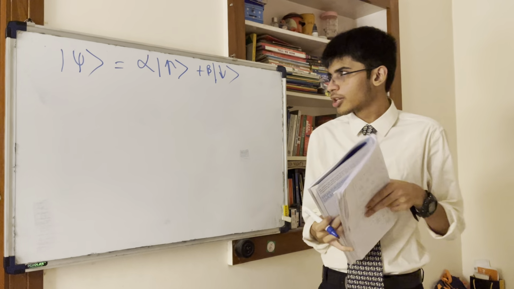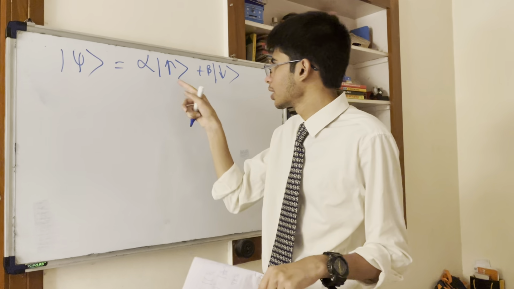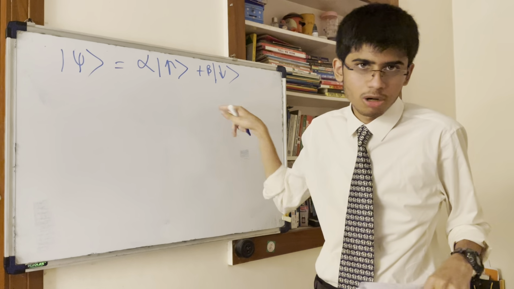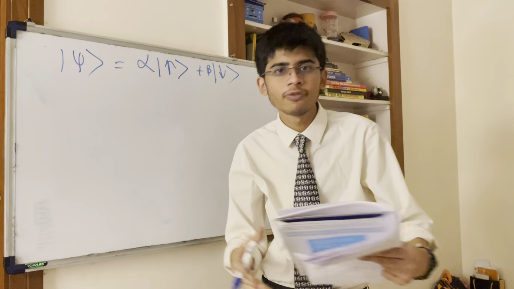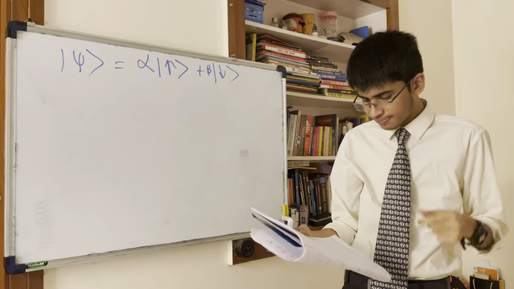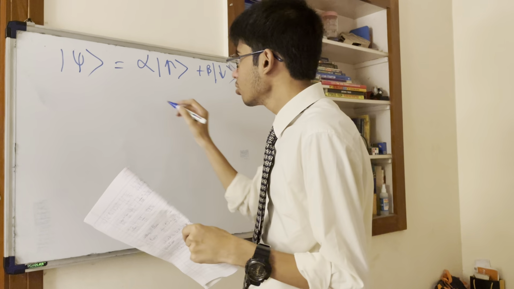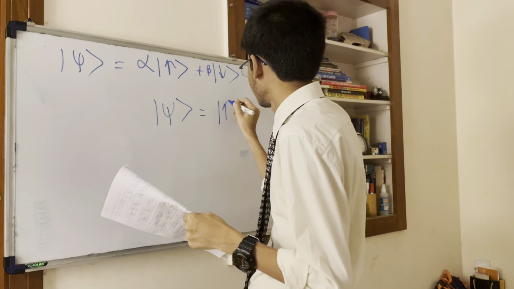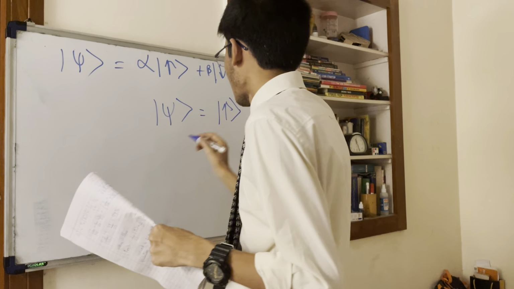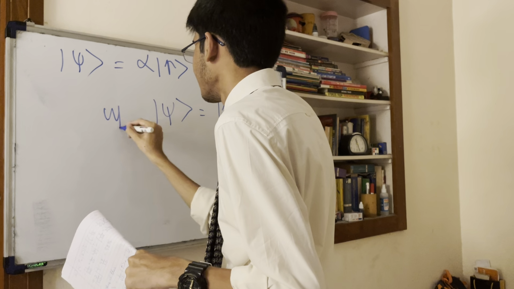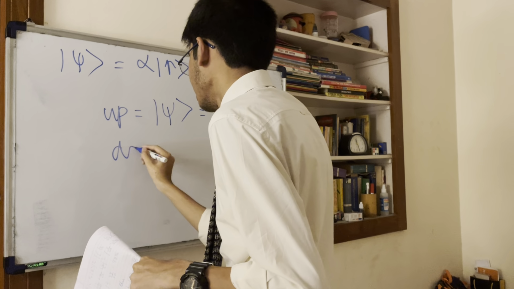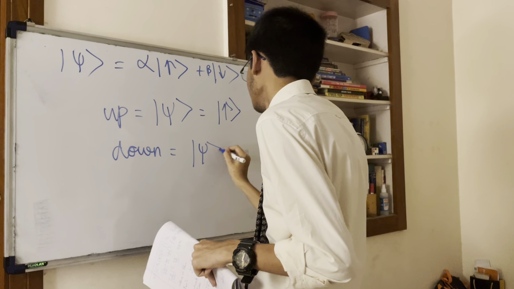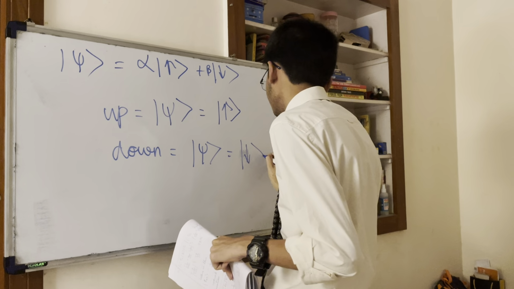Now when I'm making a measurement, I know for sure it's becoming either spin up or spin down, because as I said, experimentally we can only have those two possibilities. So if it is up, I know that this psi is becoming this, and if it is spin down, we know that this is becoming this.